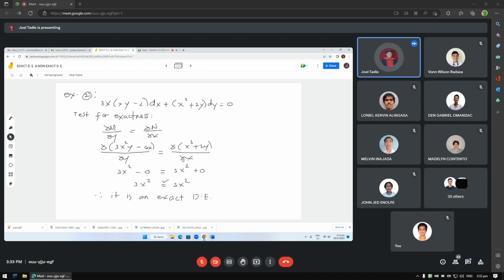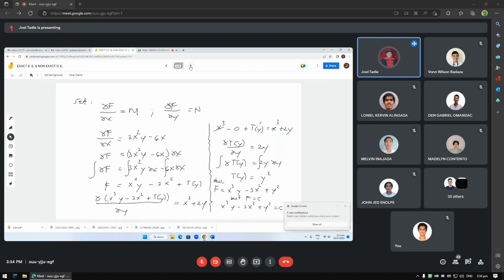Then on the right side, with respect to x, the derivative of x cubed is 3x squared. Then the derivative of 2y with respect to x is 0. So we got an identity here. Therefore, the given differential equation is an exact differential equation. So since it is exact, we can use the regrouping method, or this method.